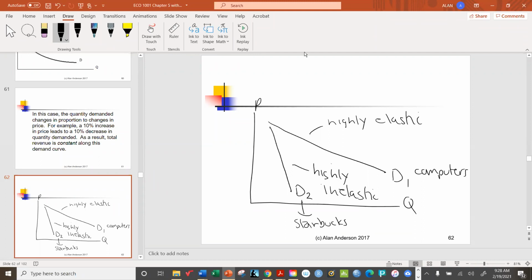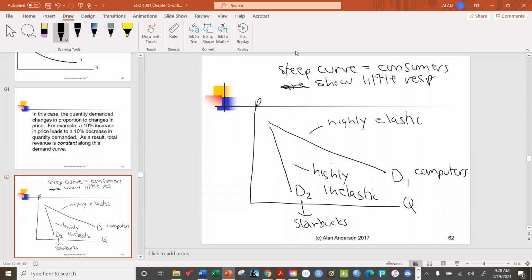So just try to remember, a steep curve means that consumers are unresponsive or show little response to price changes.